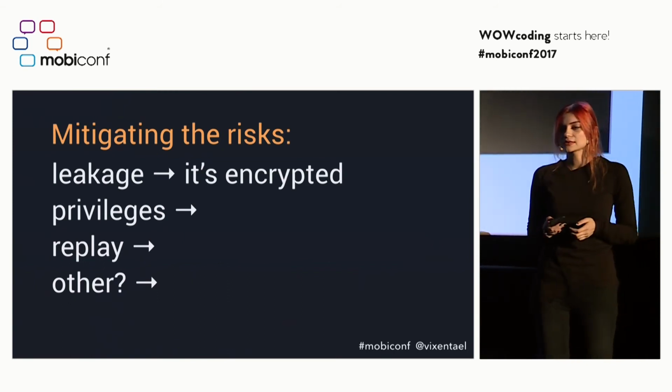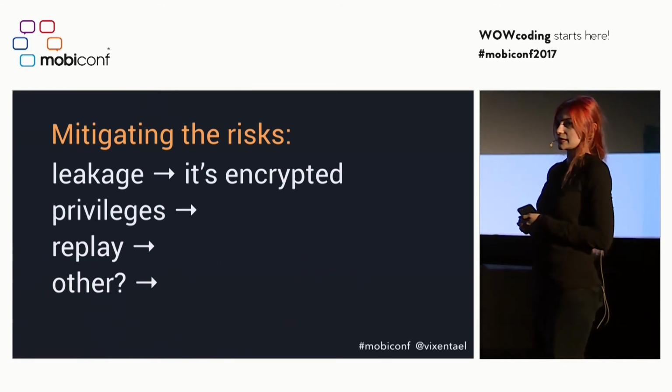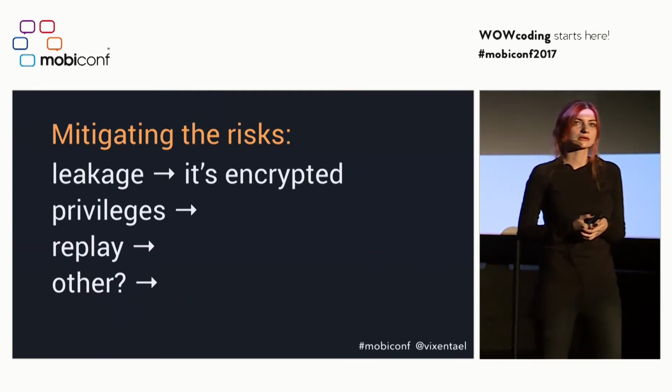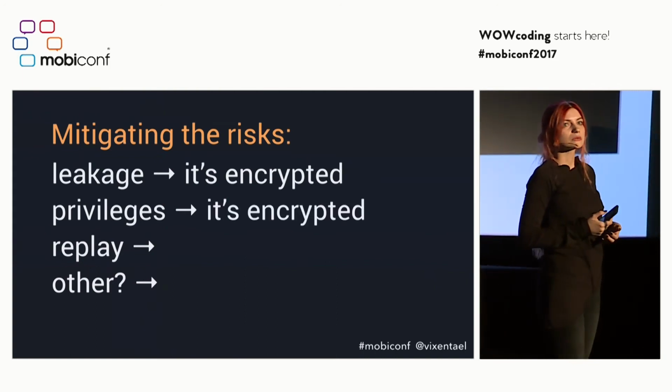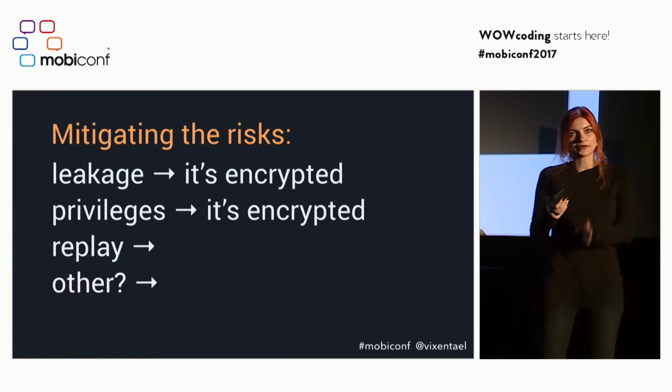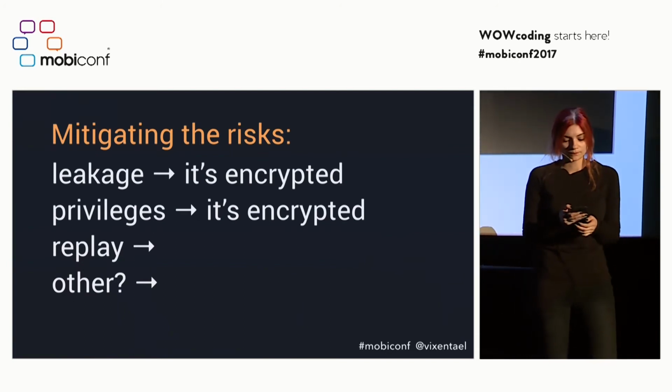But in our case, as soon as access to the data is maintained by crypto keys, by access keys, it's impossible to root the server and get access to the data. You still have the cryptography layer there.